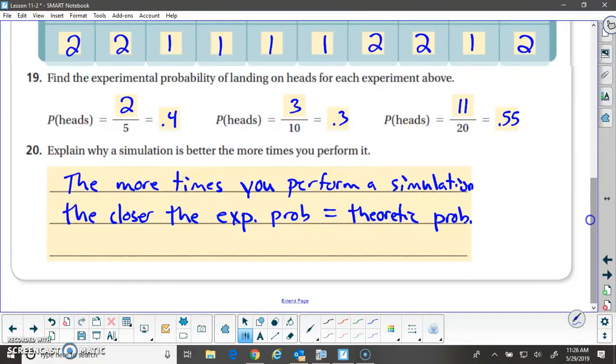So you can see here that when I did 5 trials, 0.4 is pretty close. When I did 10 trials, 0.3 is not as close. But when I did 20 trials, I was the closest. I should get heads 50% of the time.